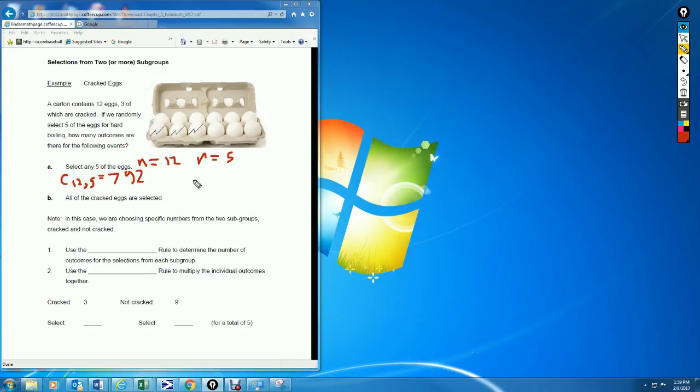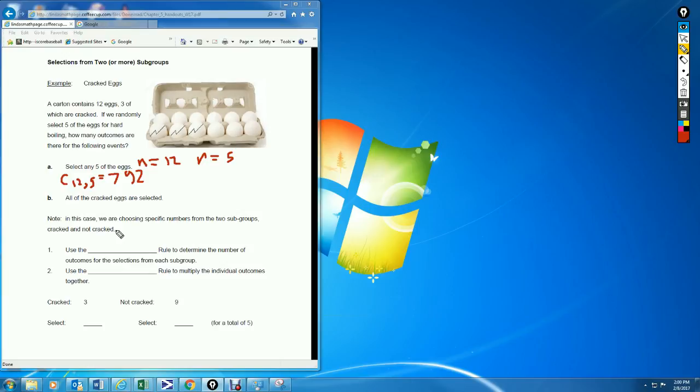All right, so the second part of the question is, all of the cracked eggs are selected. So in this case, we are now splitting the question up. There's kind of 2 subgroups, either the cracked eggs or the not cracked eggs. And we want to make a certain number of selections from each group. So we want to count the number of ways to select from each group and then multiply them together.